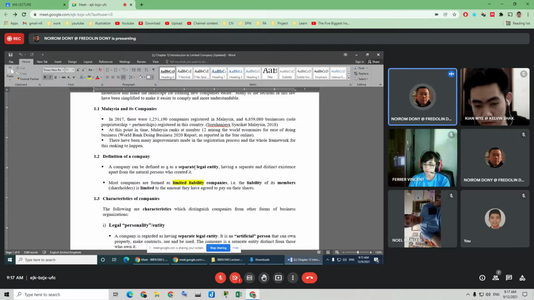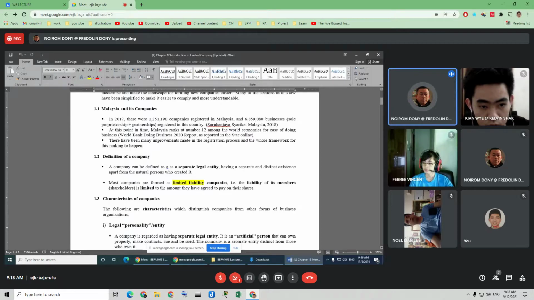So they are different. Separate legal entities, having a separate and distinct existence apart from the natural person who created it. So when a company sues another company, they are suing the company, not the shareholders, because they have separate legal entity.